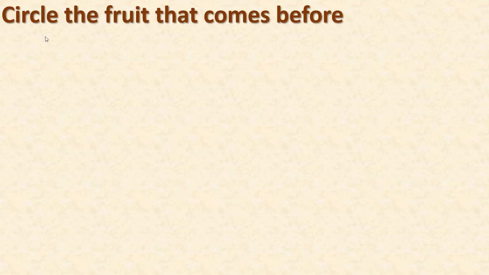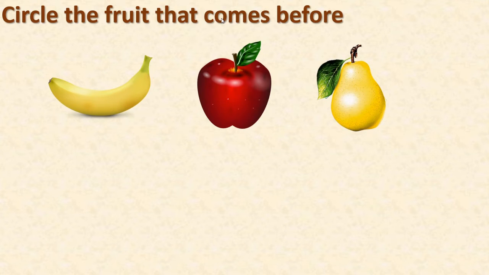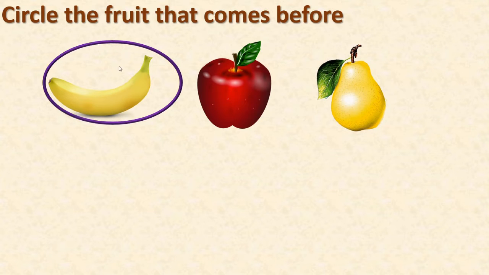Here, circle the fruit that comes before. We will take apple. Here, this is the middle one, right? So, which fruit comes before this apple? Come on, tell me. Yes, very nice. Banana. This fruit comes before apple. Okay. Next one.